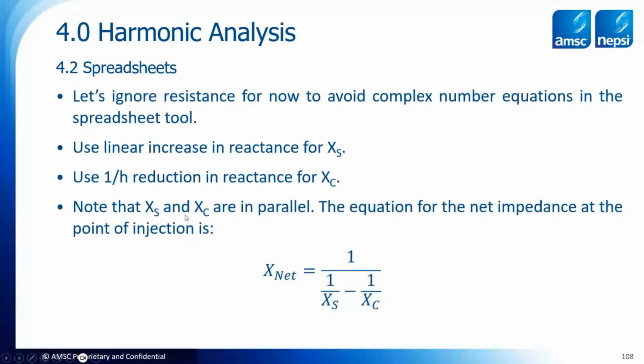So we note that X sub S and X sub C are in parallel, like I noted. The equation for the net impedance at the point of injection is the parallel impedance calculation. So if we're going to ignore R, it's 1 over X sub S, which is the system, minus, because if you remember, it's minus J, right? Minus J, and from the earlier definitions we talked about, 1 over X sub C.